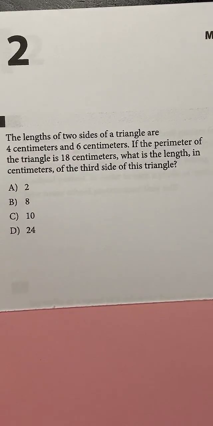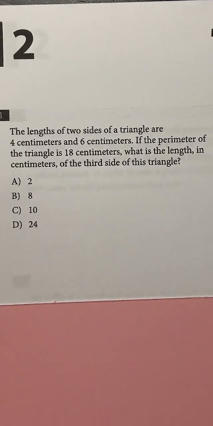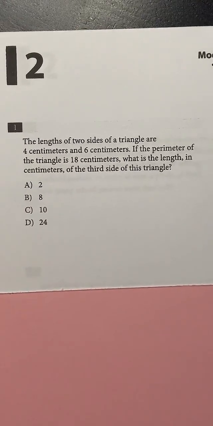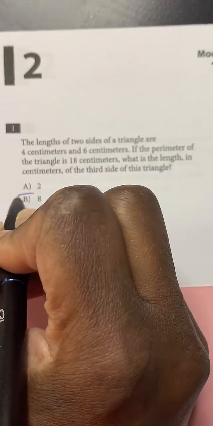Bobby is saying it's B, 8. Vigilant is saying 8. Okay, I'm doing okay. I know it's been a very busy week, definitely. So the answer is definitely going to be 8.